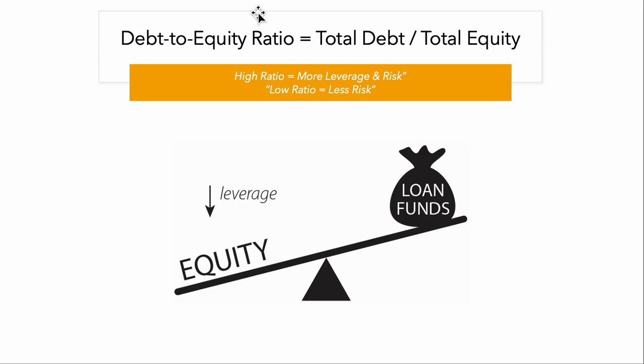A higher debt to equity ratio means a company is using more debt to finance its operations, which could increase financial risk. Generally, a ratio below 1 is considered conservative, while ratios above 2 indicate higher leverage.